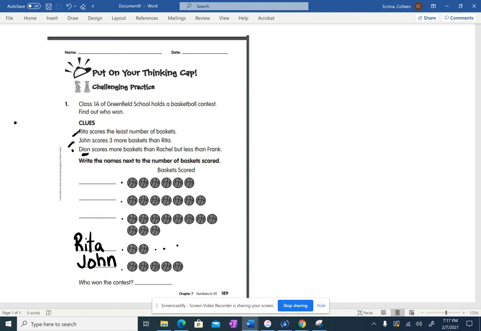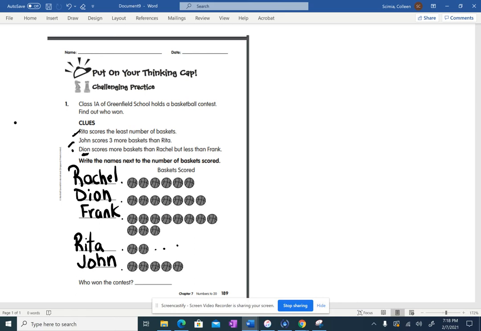So if you look at this Rachel right here, Dion, and Frank. Because Dion, he scored more baskets than Rachel, but less than Frank. So if you take a look at the baskets, which friend here had the most baskets? So who won the contest?